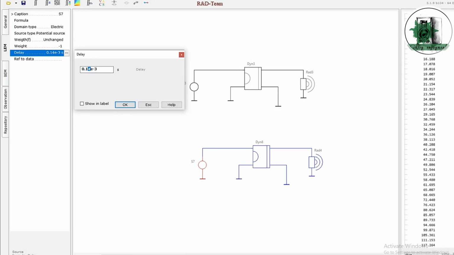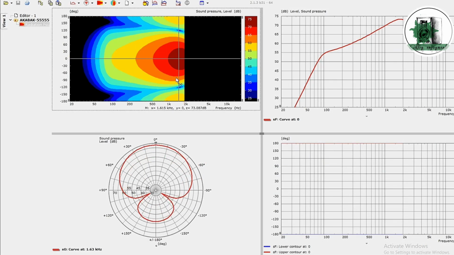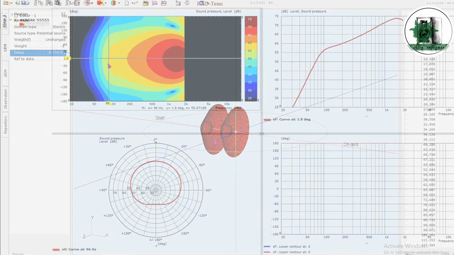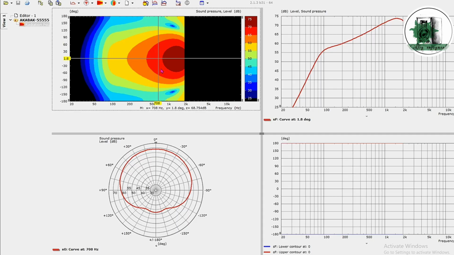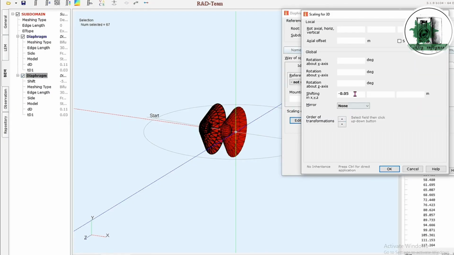We can experiment with different delays. Let's try 3 centimeters to see how much reduction we get.